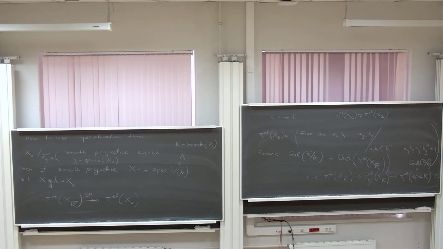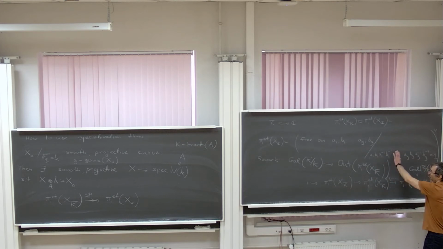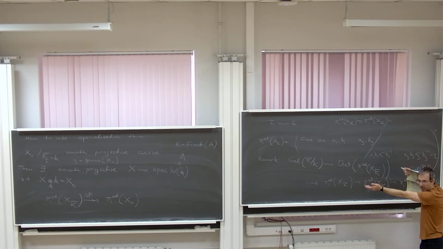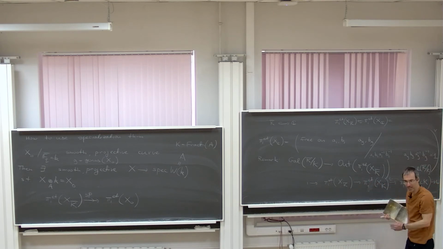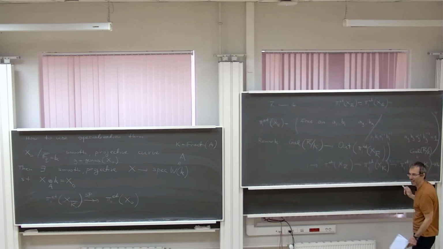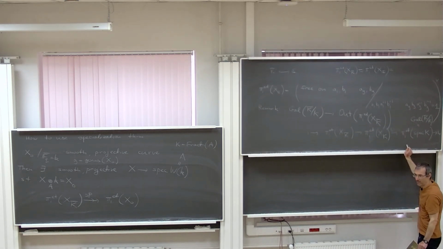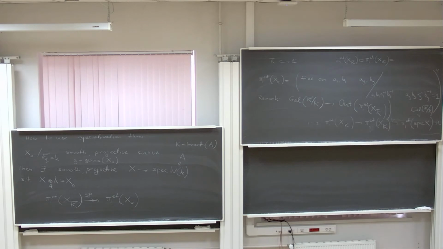So this section is interesting to describe. Abstractly it's the group, but how the Galois group acts depends very much on your curve, not only on its genus. It's really a sophisticated, fine invariant of a curve.